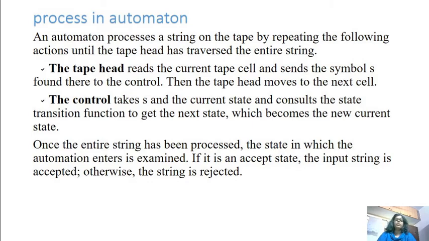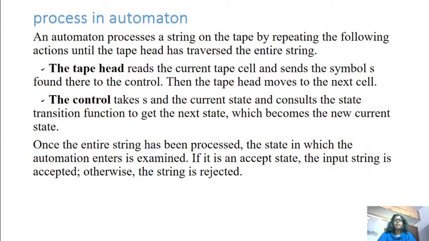So, the input symbol is read by the automaton and sent to the control. The control processes it, and the transition function gets the next state, which becomes the new current state.